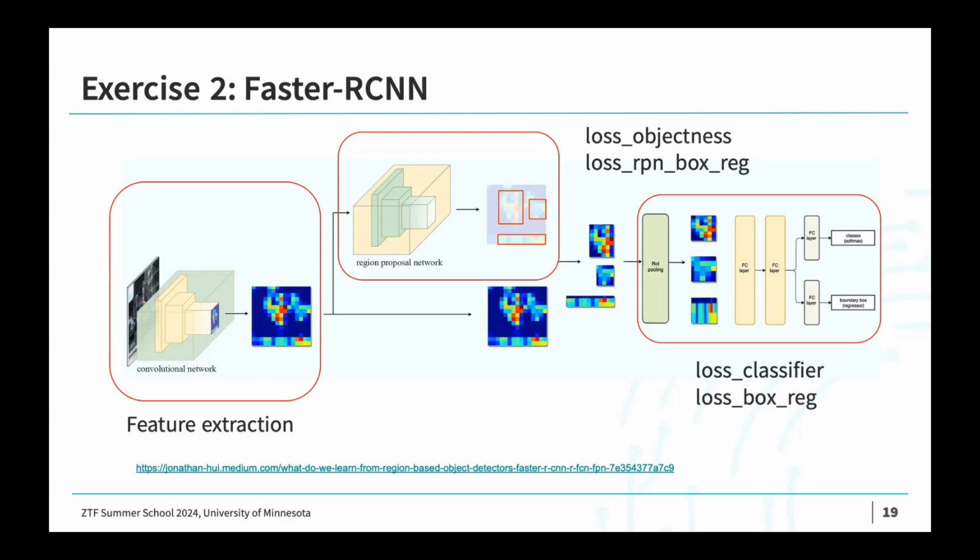The third part also has two losses, the loss for the classifier and the loss for the bounding box regression. So when training Faster R-CNN, we add all those four losses and do backpropagation.